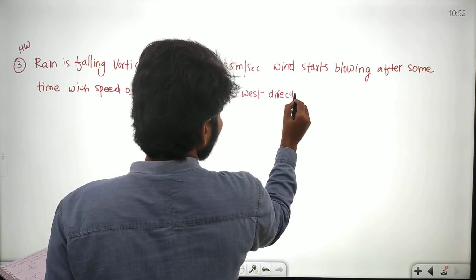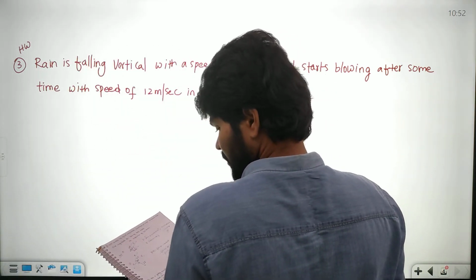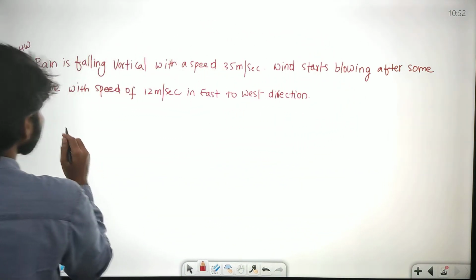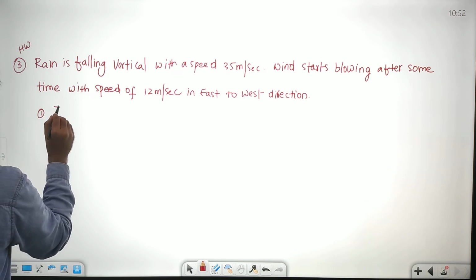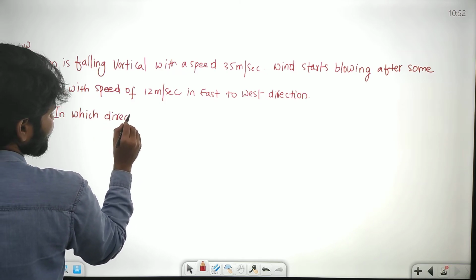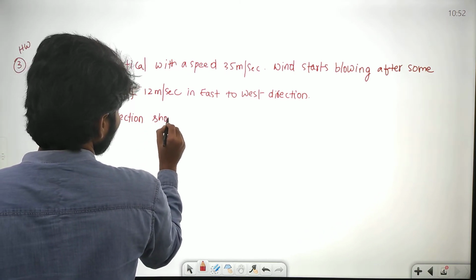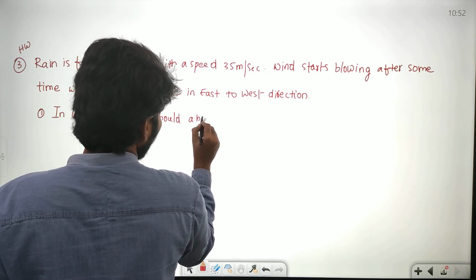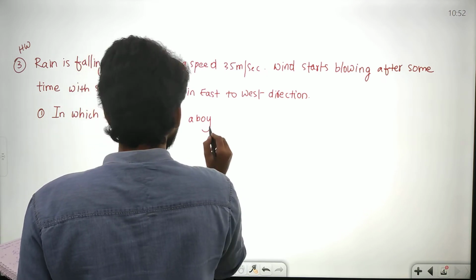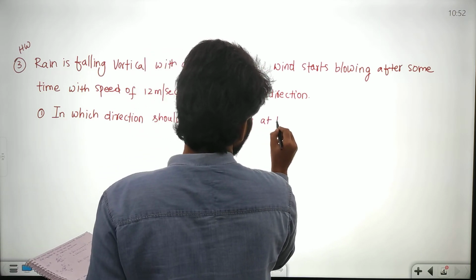This is a very easy problem, and this is a very graphical representation of a problem. The question is: in which direction should a boy waiting at a bus stop hold his umbrella?